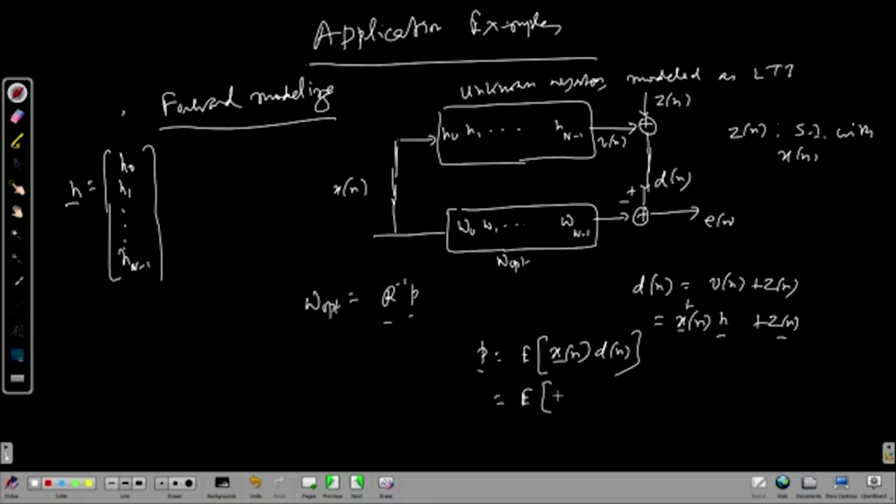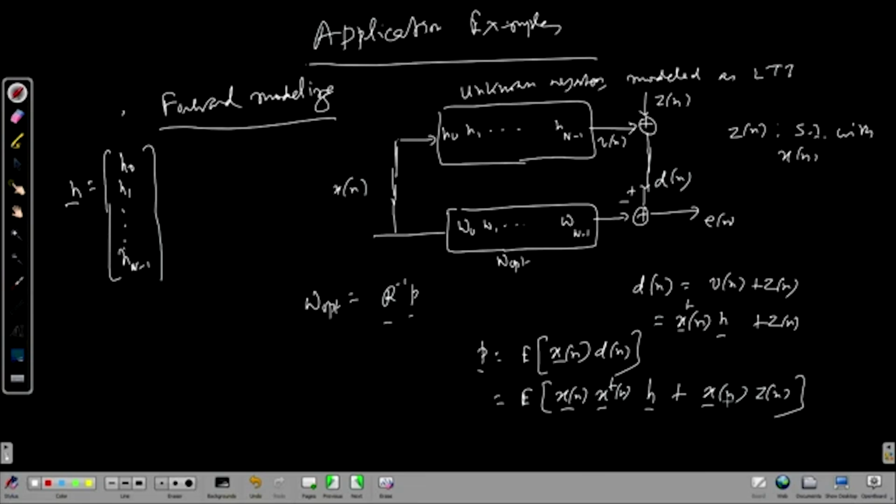So, Xn Xn transpose H plus Xn Zn. Zn is a scalar. So, Xn into this part I have done, Xn into this part and Xn into Zn, all right.